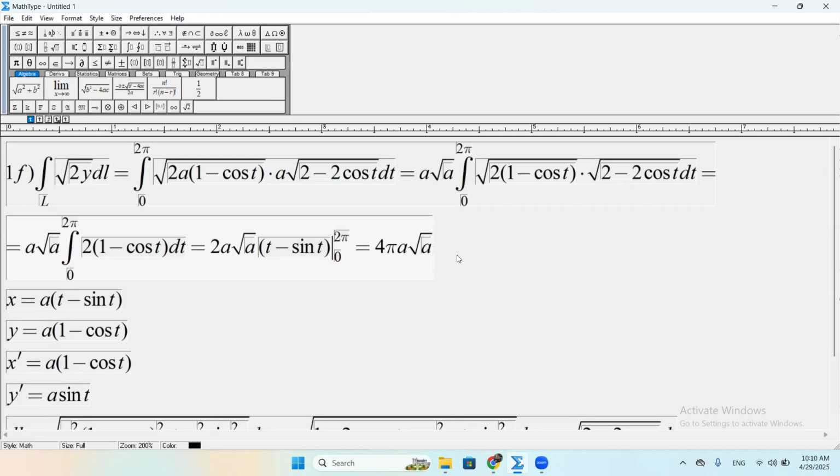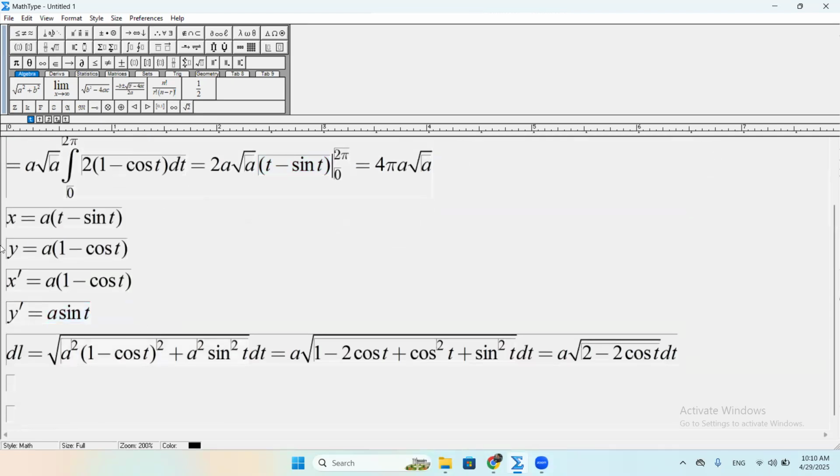Why does y prime equal this value? Because we differentiate y by t, so I can write it in detail. Actually, it will be a minus cosine of t, prime.